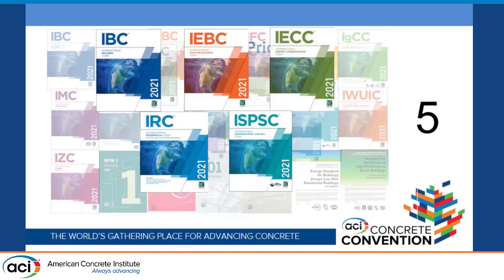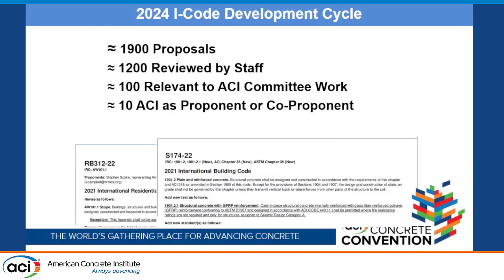We're trying to get things referenced into the International Energy Conservation Code from ACI Committee 122. ACI 332 is referenced in the Residential Building Code, and we have a new standard being developed on swimming pools and spas that will go into the International Swimming Pool and Spa Code.